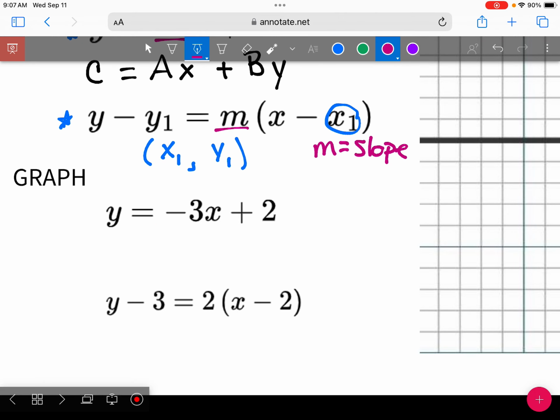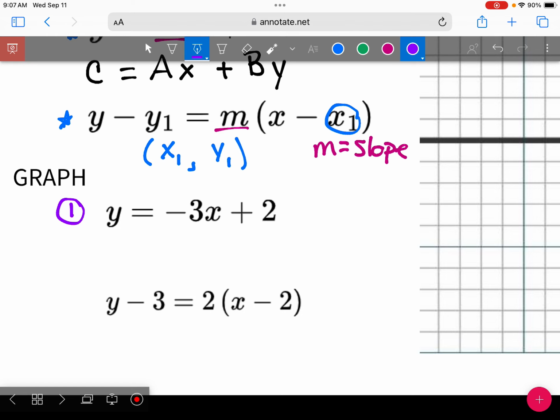One is in slope-intercept form, one is in point-slope form. So this first one here, this is in our slope-intercept form. Minus 3x plus 2.